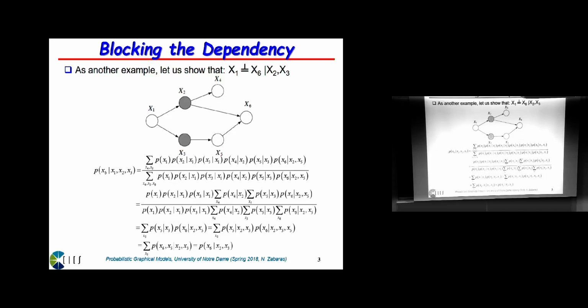It's an ancestor of X6. The reason I have to plug in this term is that these 2 distributions together give me the probability of X5 and X6, conditioned on X2 and X3. And if I integrate X5 out, I get the probability of X6 given X2 and X3. And then this identity has been proved.